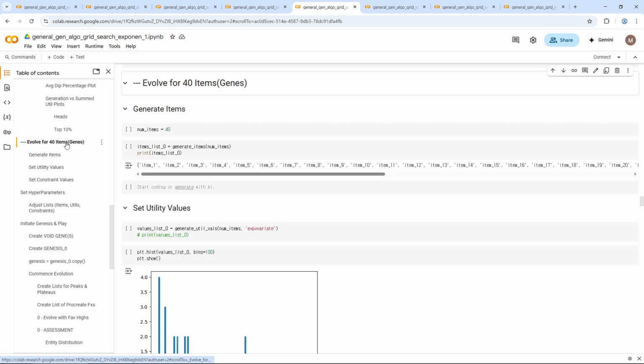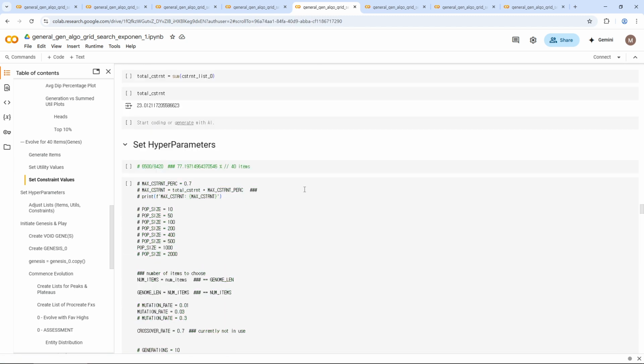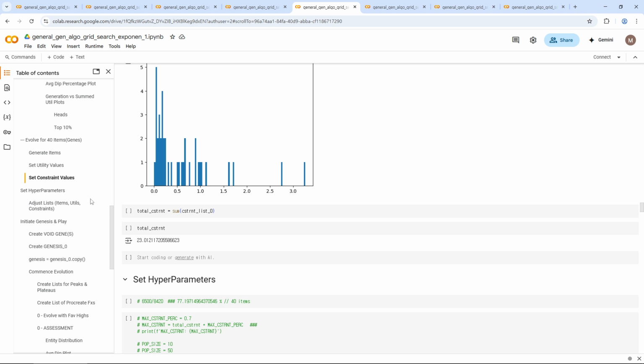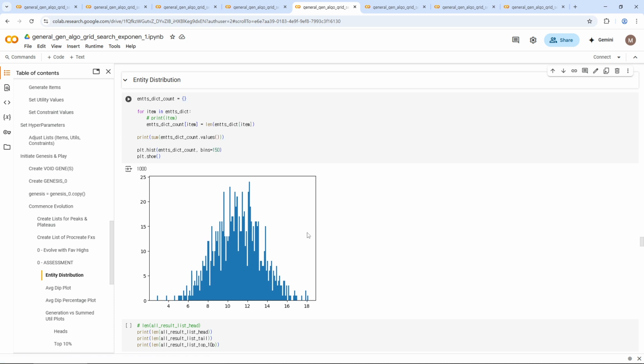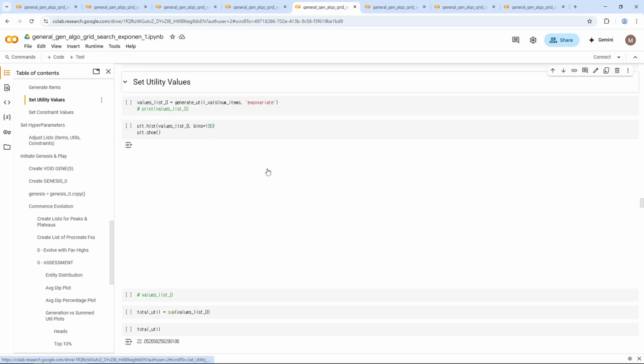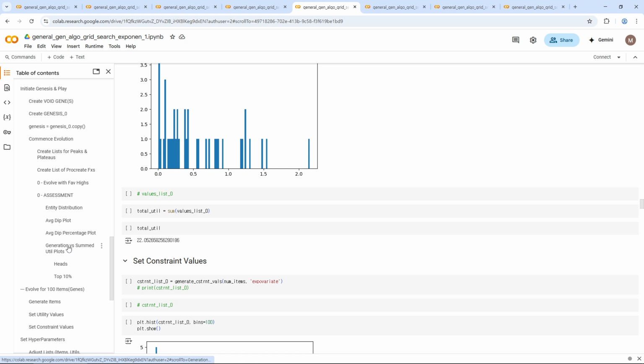And when we have 40 items, total is 22 for the total utility value. Total for the constraint values is 23. Remember, we're using the exponential distribution. Central limit theorem again. Maximum error was 21 out of 22, so that's pretty close.